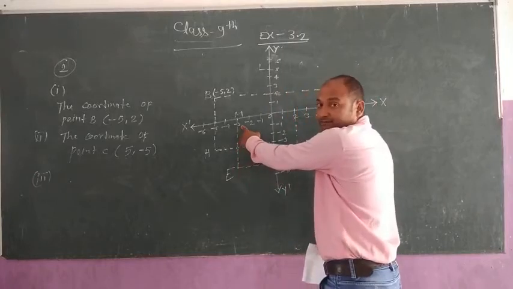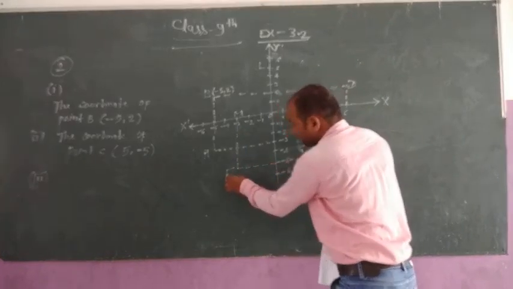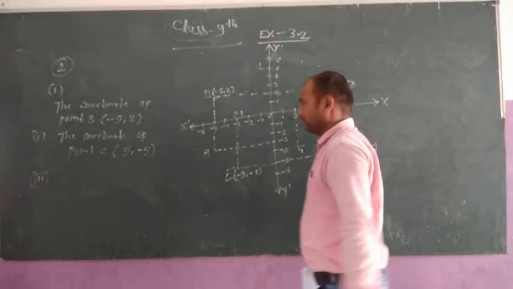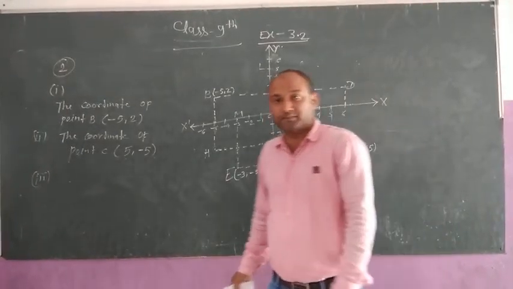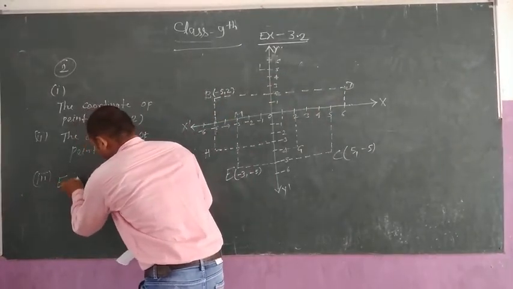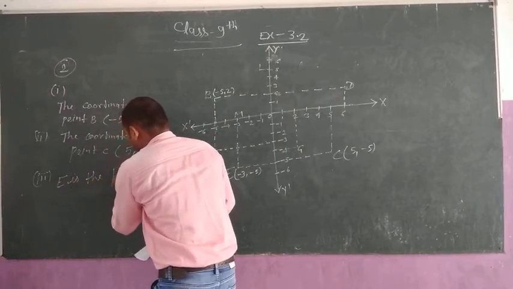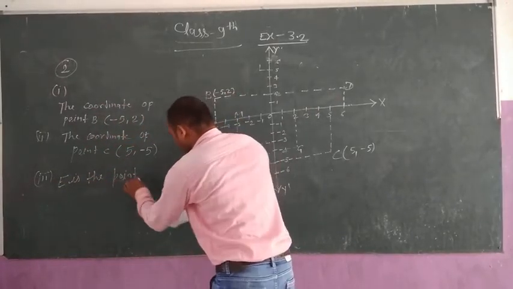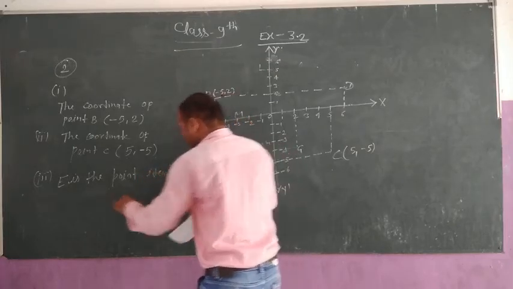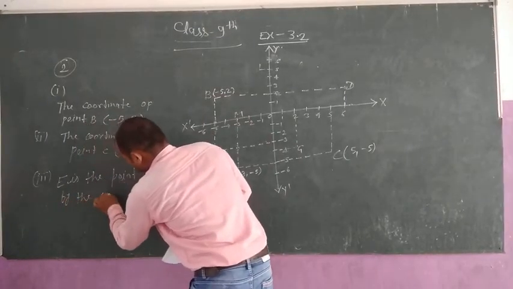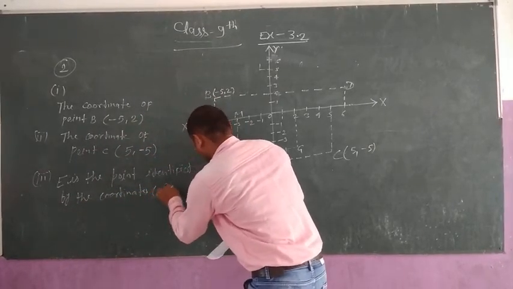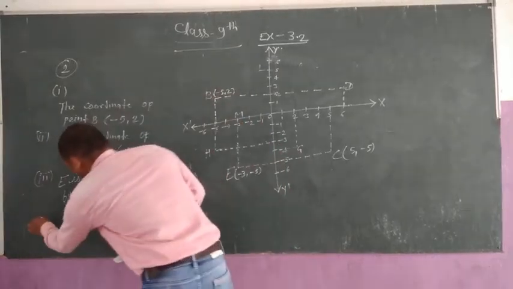And this is the point E. E is the point identified by the coordinate minus 3 and minus 5.